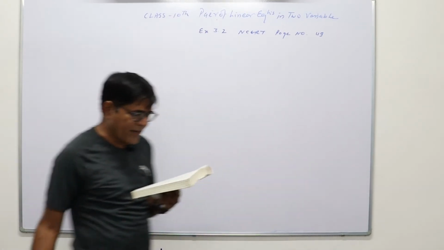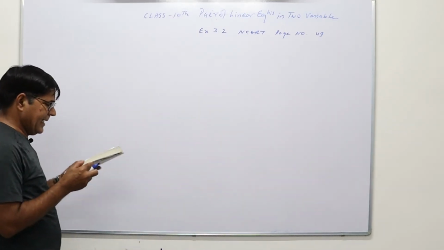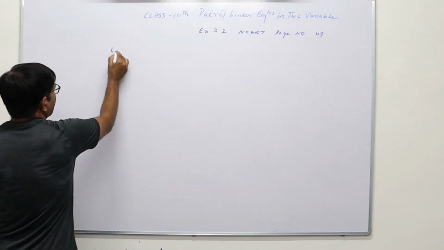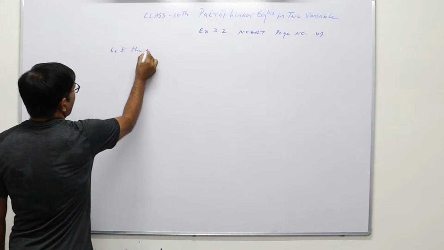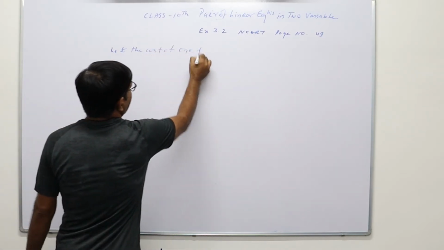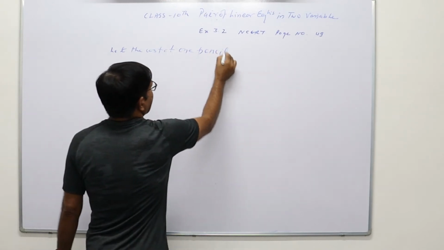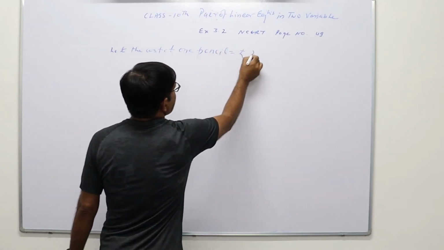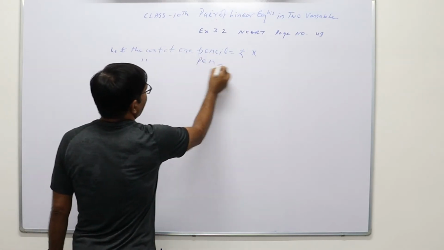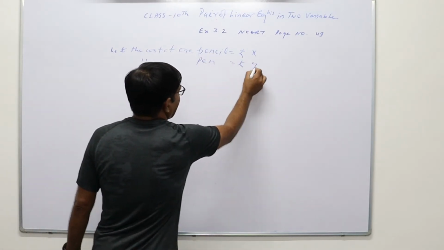Find the cost of 1 pencil and 1 pen. So let the cost of 1 pencil be rupees x, and let the cost of 1 pen be rupees y.